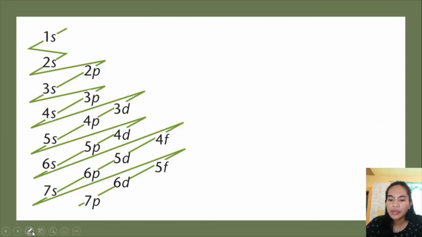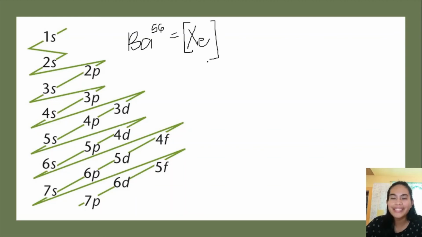Okay, so we have here barium, that's 56, right? So if we're going to state it, you're just going to state xenon. Since xenon is 5p6, then therefore barium, what comes next after 5p6?